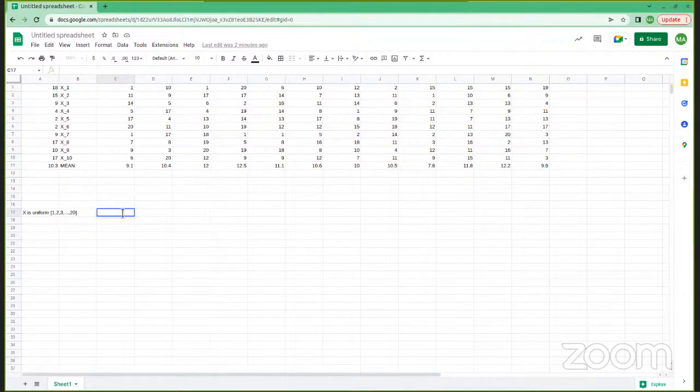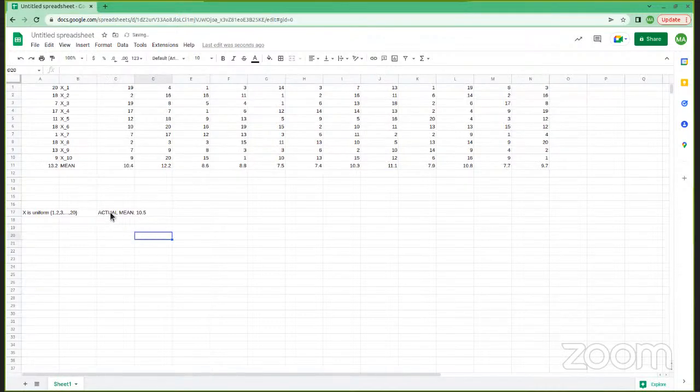It is A plus B by 2, which is 20 plus 1 by 2, which is 10.5. So the actual mean is 10.5.